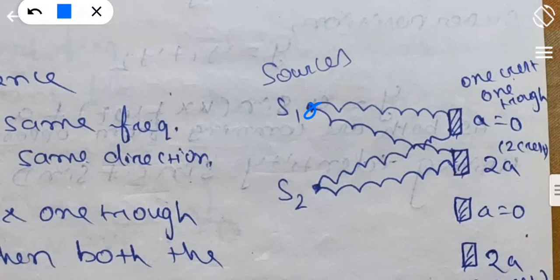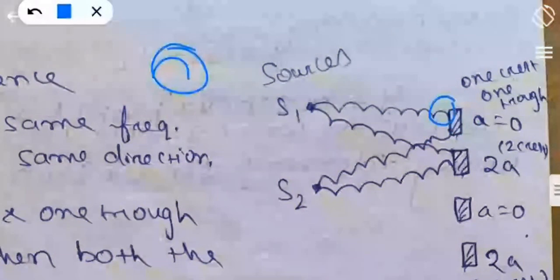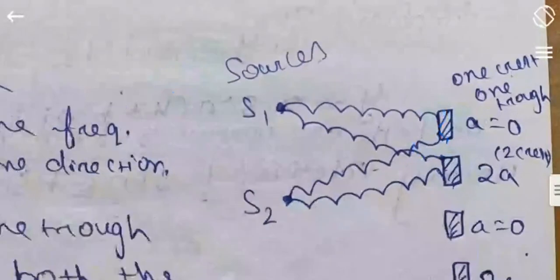Suppose here a wave is created like this, one wave, and another wave is also created like this. Let's look closely at this particle. What is coming here? This structure is obviously a crest, and this structure is obviously a trough. You can observe it clearly here.